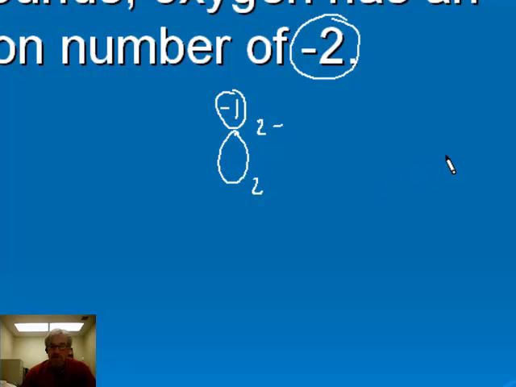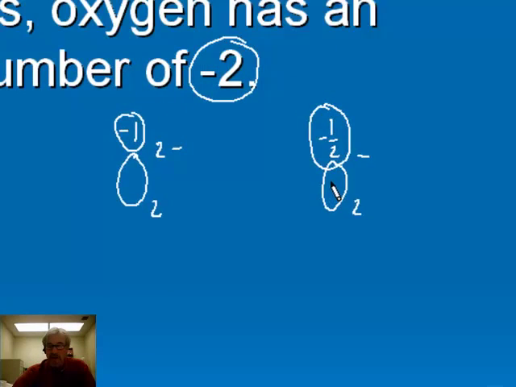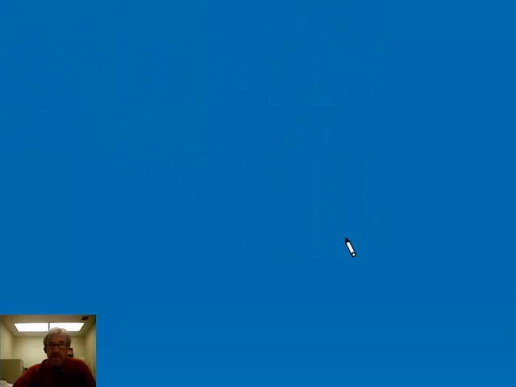And another one is superoxide, which is O2 1 minus. For 2 things to add up to -1, each one of them must be -1/2. So that's the actual oxidation number in superoxide. However, peroxide and superoxide are both relatively rare, and so almost all the time you're going to see oxygen has a -2 oxidation state.